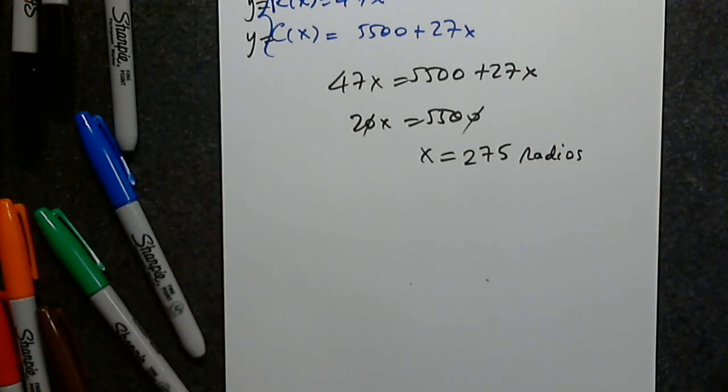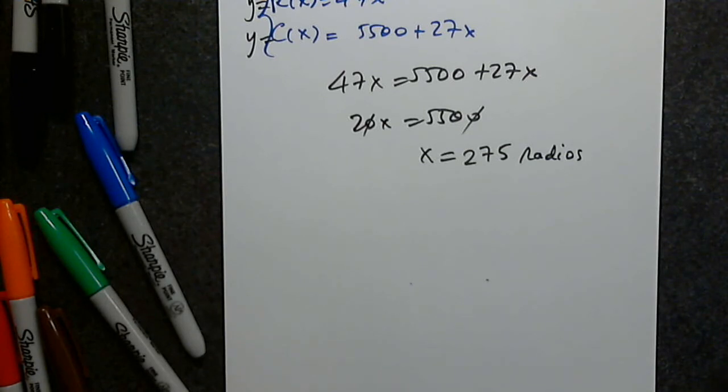So if somebody manufactures a product, you will tell that person, listen, if you want to break even, manufacture 275 of your units or whatever product you manufacture. Make sure you sell it, because if you put it on the shelf, it's not going to bring you anything. And hopefully you will start manufacturing way more so you can produce profit.